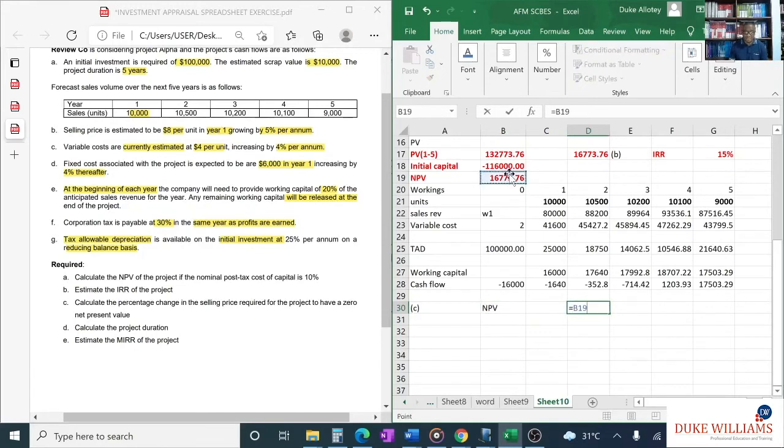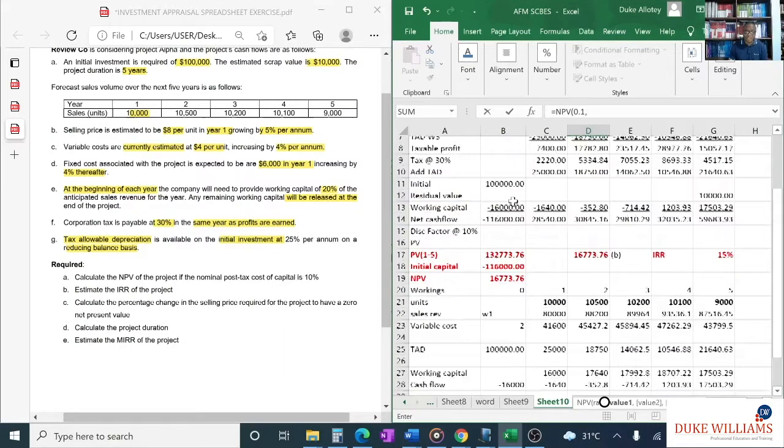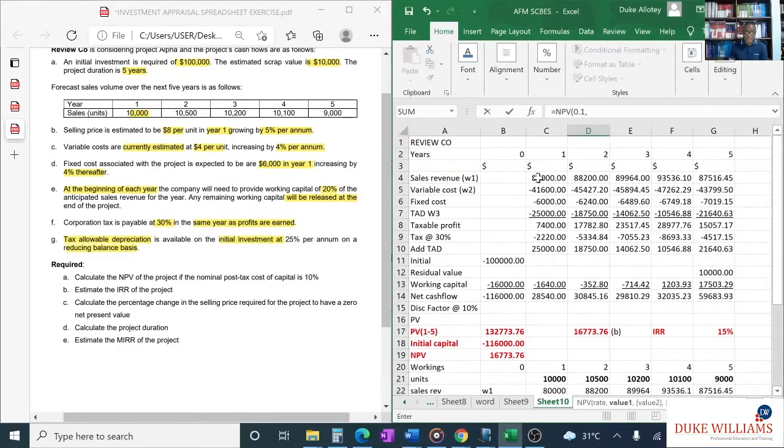Just keep things simple, whatever figure you have there. So I'm going to do equal to NPV, the discount factor is 0.1, and I'm going to reference the sales revenue. The spreadsheets make life so easy.